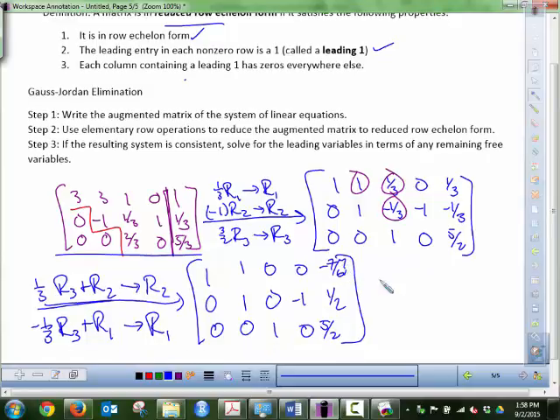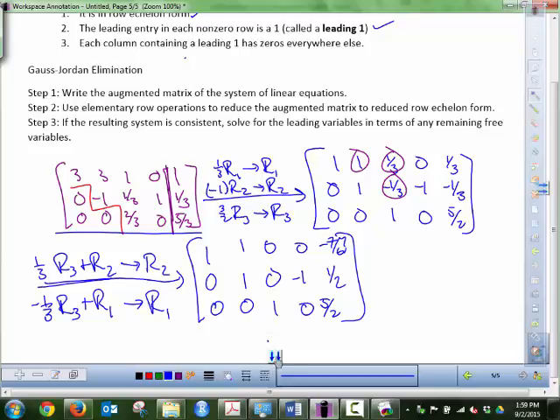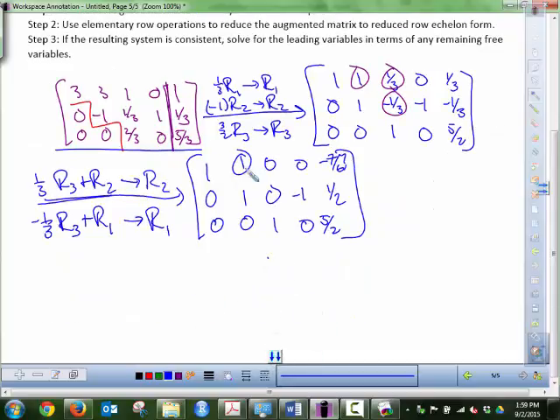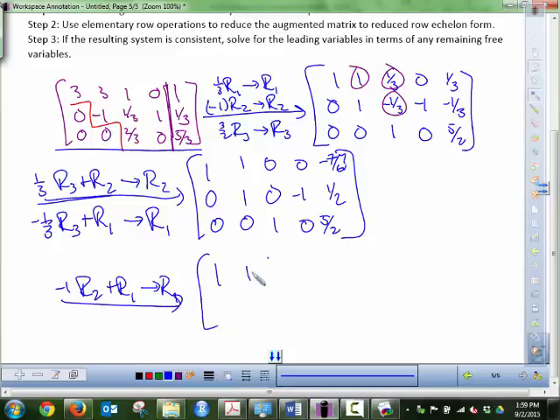Are we done? No, we're not done yet, because this is still not 0. So multiply the second row by -1, add it to the first row, replace the first row. 1, 0, 0.